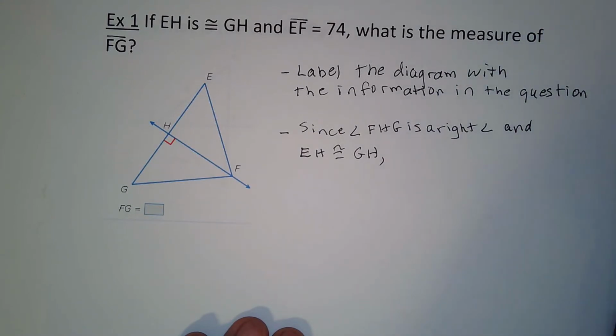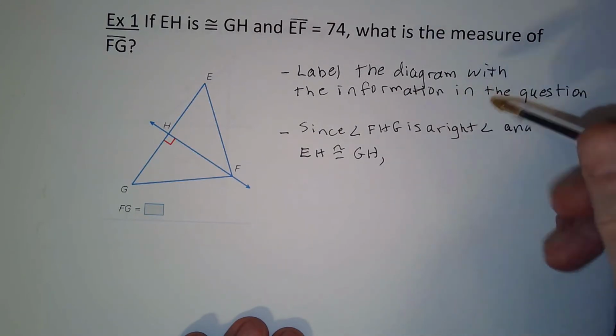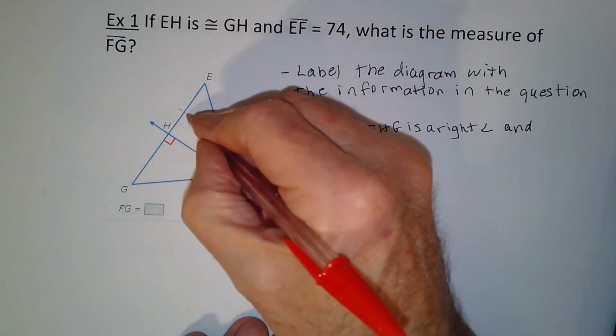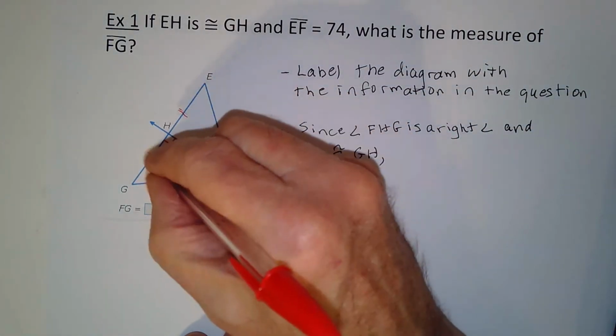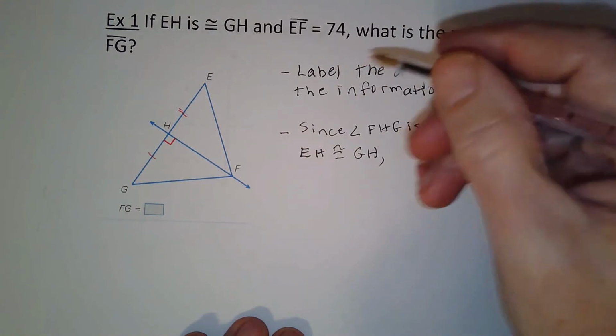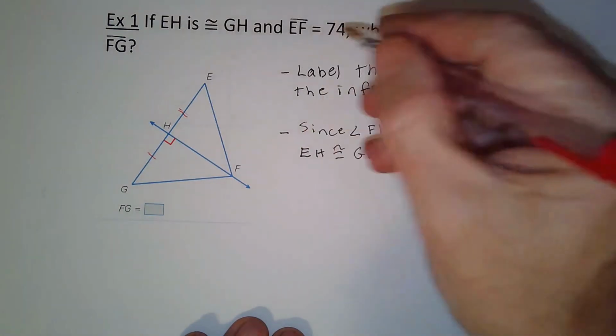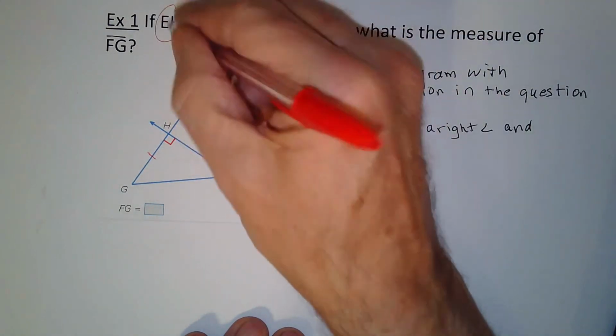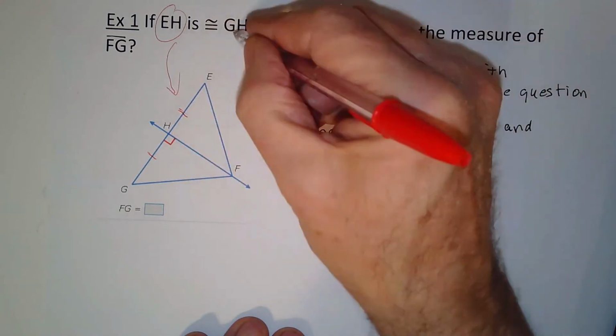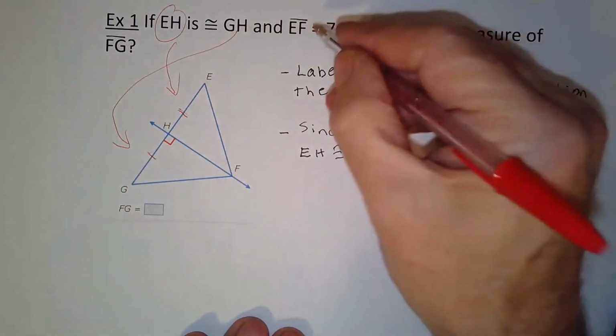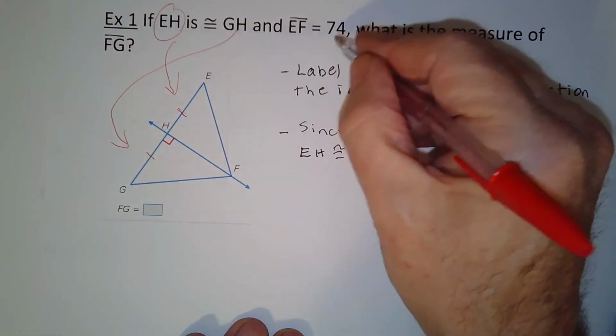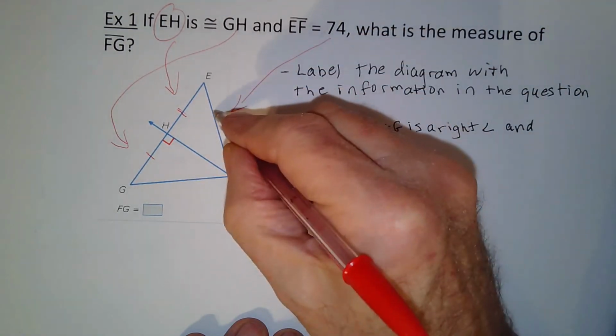And let me go back and do what I should have done before, which is label the diagram to make it easier for you to see that, because we said up here, label the diagram with the information in the question. So we know EH is here, GH is here, and then we know EF is here, so here's the 74.